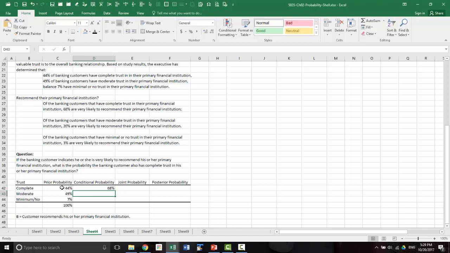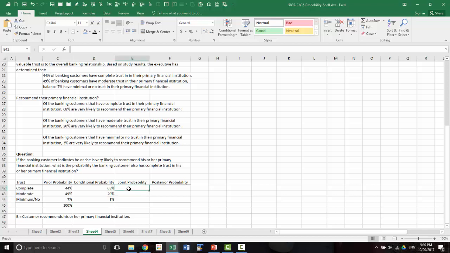Among the moderates, what is that same probability? So that's 20%. Among the minimum or no trust, only 3% would recommend. So these are the conditional probabilities.